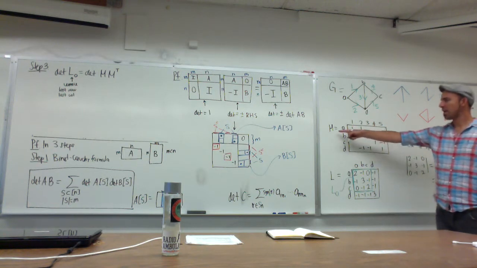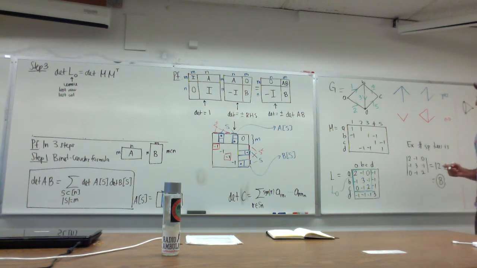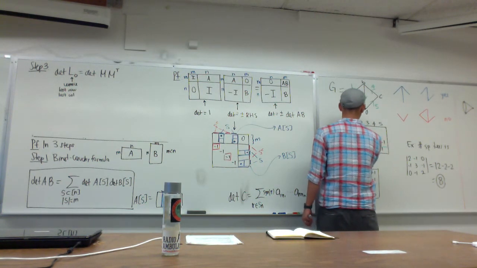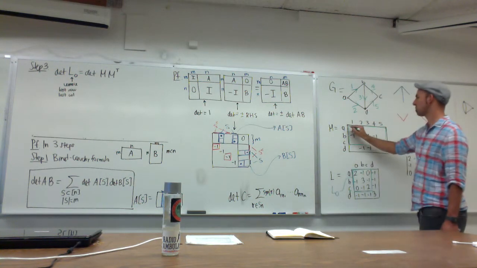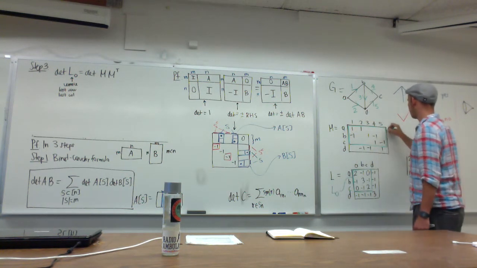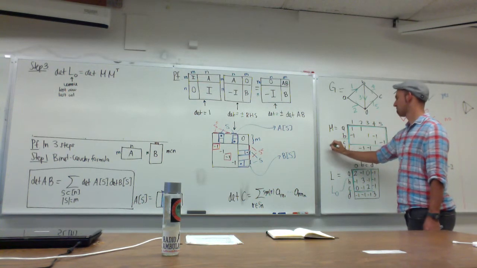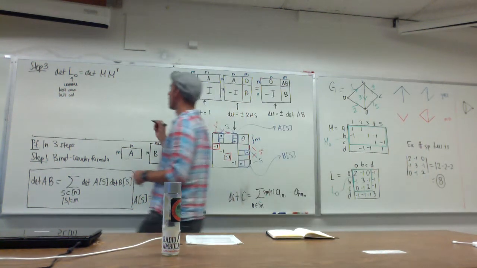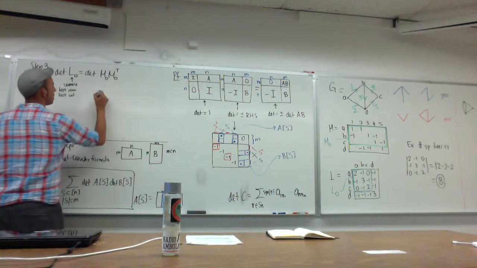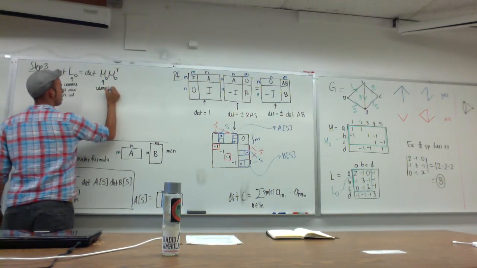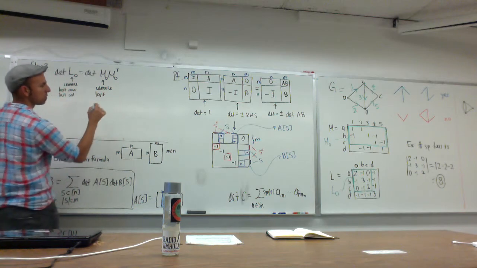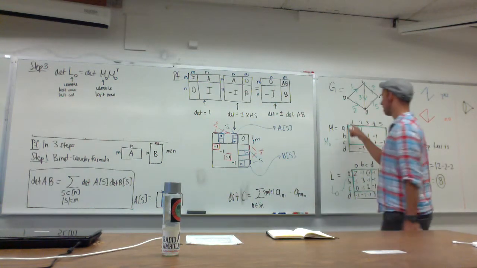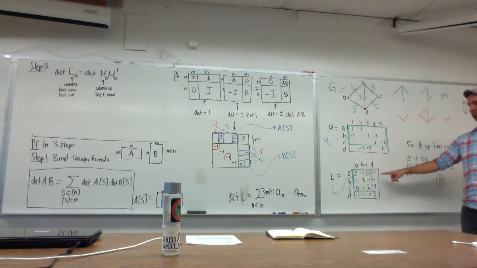Well, if L is M times M transpose, then it's not hard to convince yourselves that L0 is just the same thing as M0 times M0 transpose, where here I just delete the last column. Here I remove the last column, the last row. I'm still going to get the right shape, right? A 3 by 5 times a 5 by 3 is a 3 by 3.